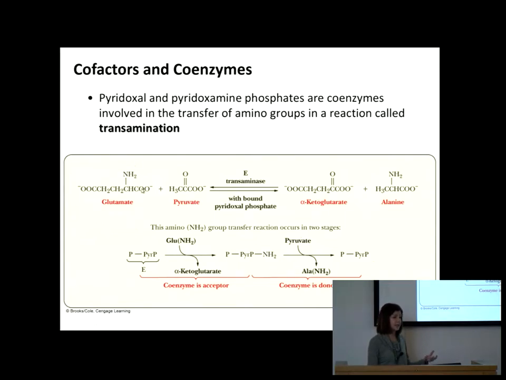But there's a middleman in this reaction, and the middleman is that coenzyme. So we've seen two ways that coenzymes can work. It can mediate a redox reaction by accepting a hydride or giving out a hydride, or it can be a middleman in transferring of groups. That's it.